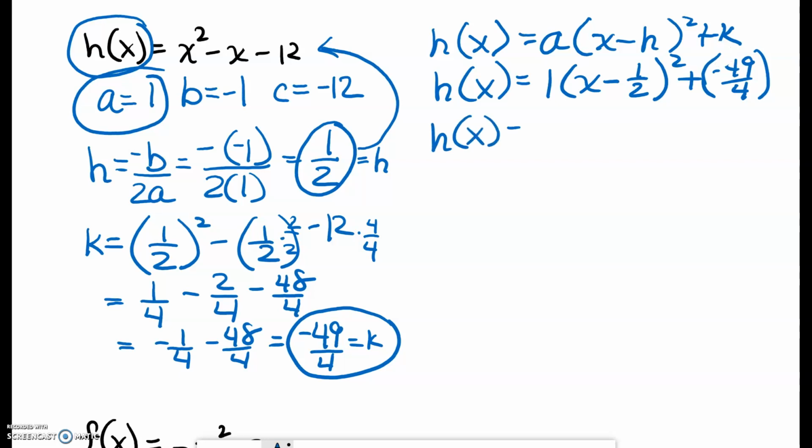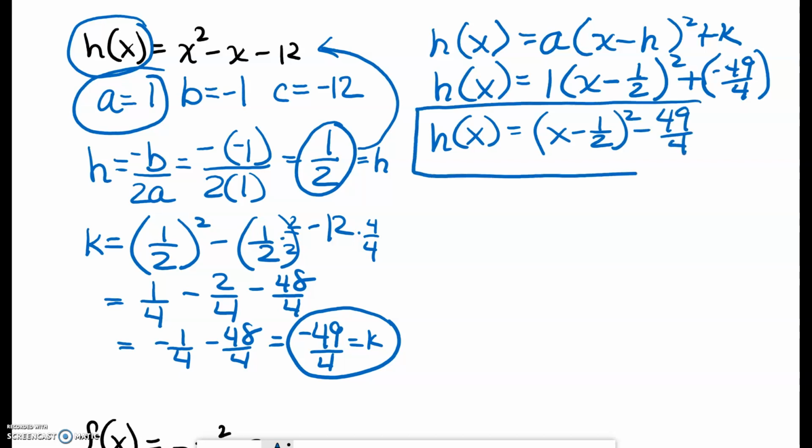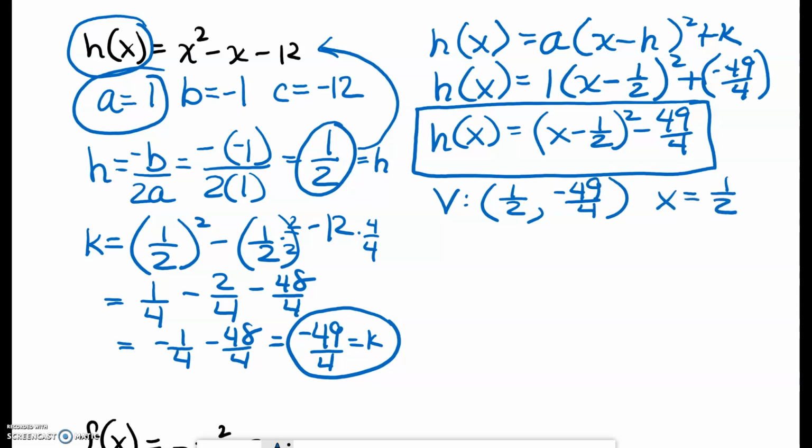H of x equals, and we don't need that 1 in front, minus 49/4. So this is my equation in vertex form. My vertex is h comma k, 1/2 comma k, which is negative 49/4. My axis of symmetry is x equals 1/2.